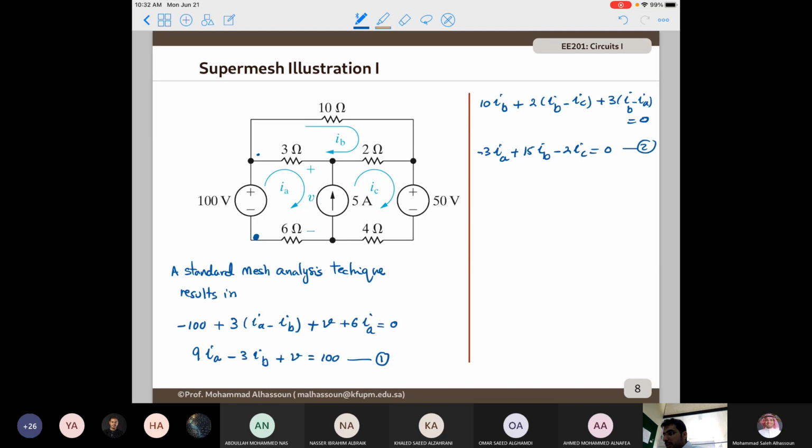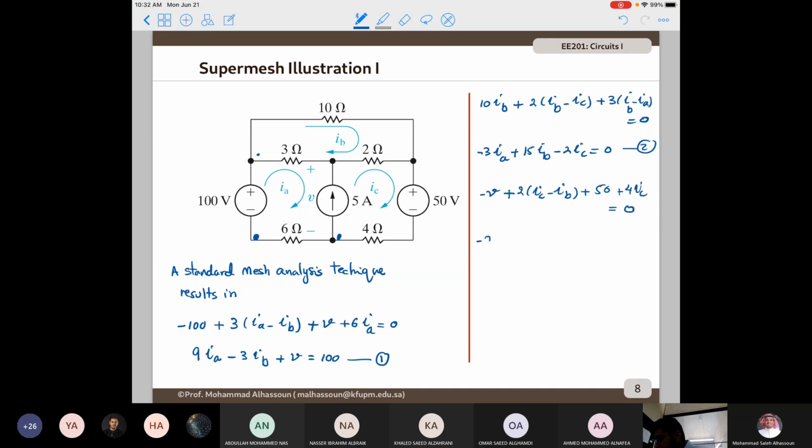The third equation is also straightforward. So we're starting here. We have minus V, the voltage across the current source, plus 2 IC minus IB plus 50 volts plus 4 IC equals 0.